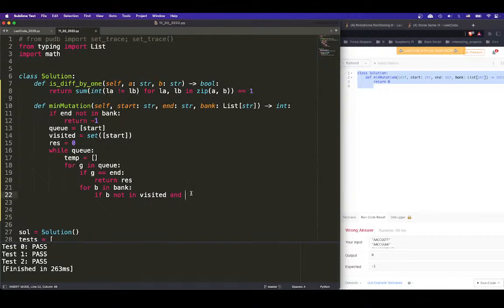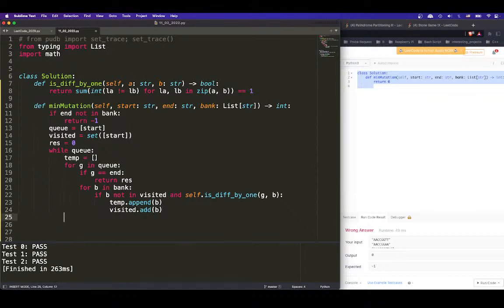So we say and self.is_diff_by_1(g, b), then temp.append(b), visited.add(b). Okay, sorry. Keep going. Actually, every time we do this, we can remove it from the bank, if you think about it. But it's fine.